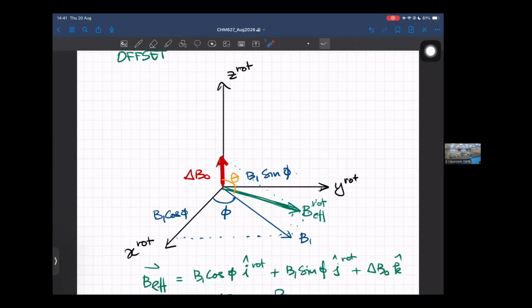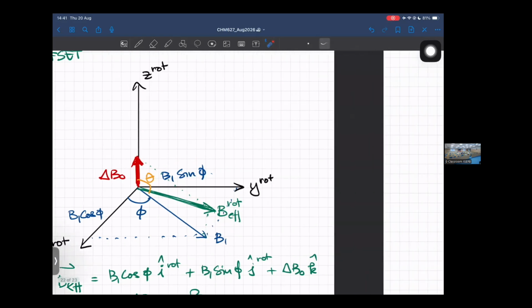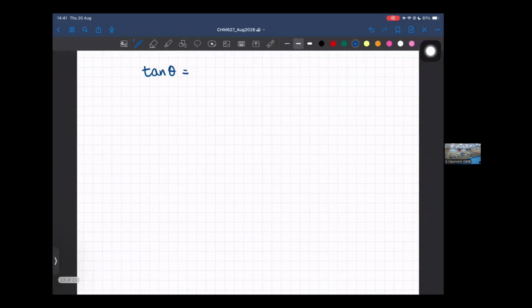Tan theta is going to be adjacent by opposite, right? So that is going to become delta B naught divided by B1. And then let's say we multiply by minus gamma.